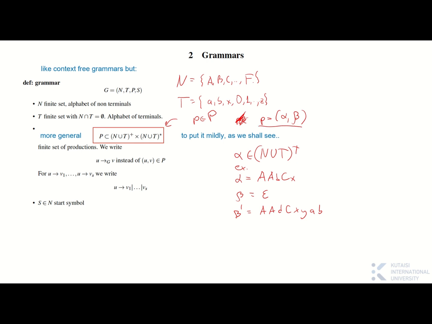Instead of writing the pair, you would write alpha arrow beta. So in our case, you might have AB derives CD. It's a grammar that you saw before. It's supposed to give you that if you start with AB, you can create CD somehow. This is what production rules give you.